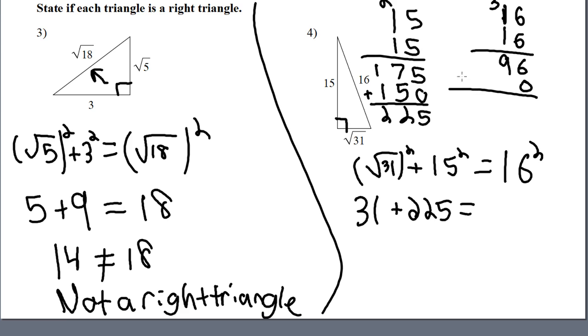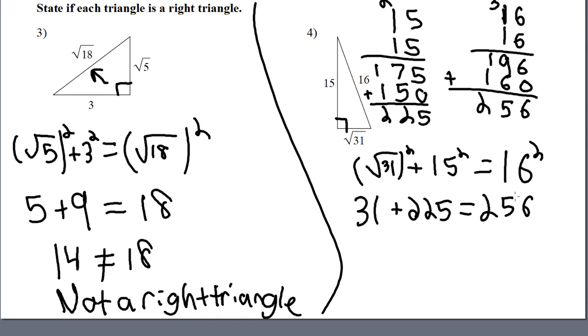Bring a 0 down. 1 times 6 is 6. 1 times 1 is 1. 6 plus 0 is 6. 9 plus 6 is 15, and you get 1 plus 1 is 2. So you get 256. Well, are these two things equal to each other?